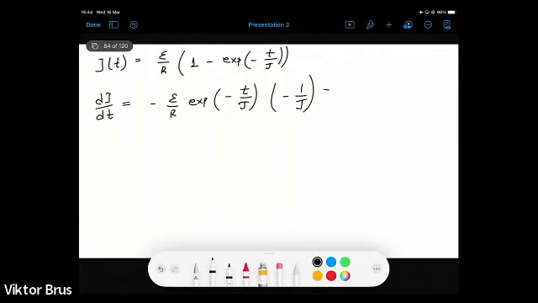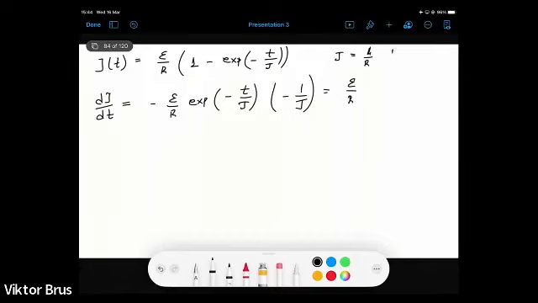So eventually we will cancel this minus. It will be epsilon divided by R. And we know that tau is equal to L divided by R. We introduced this on the previous slide.